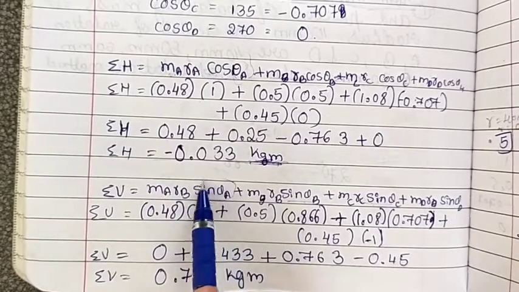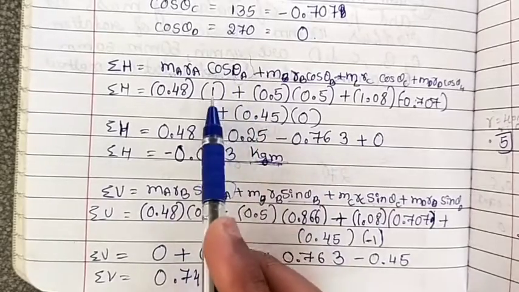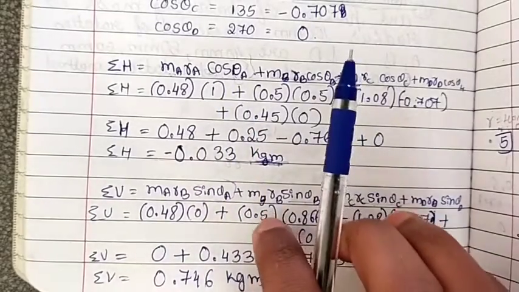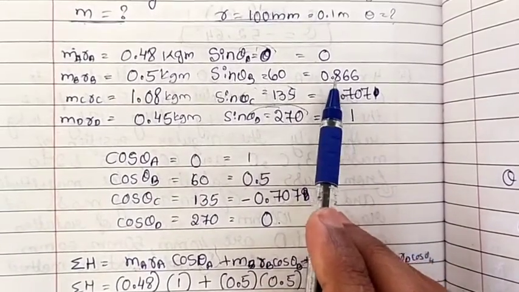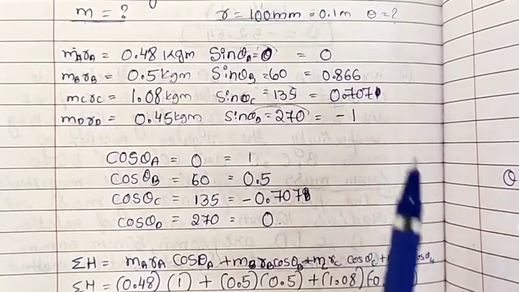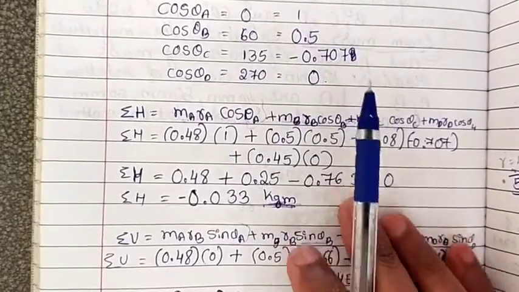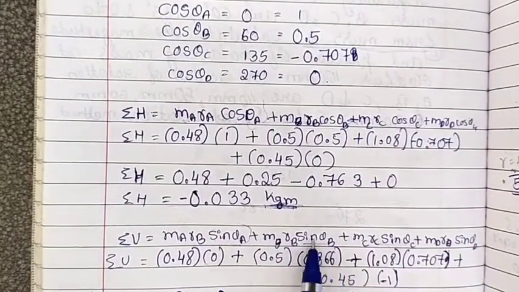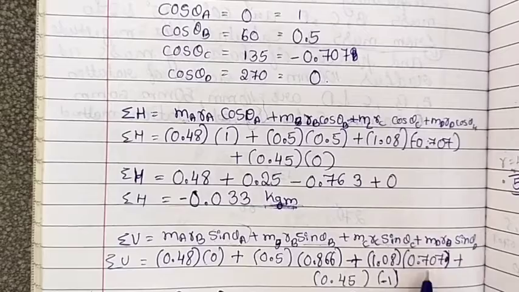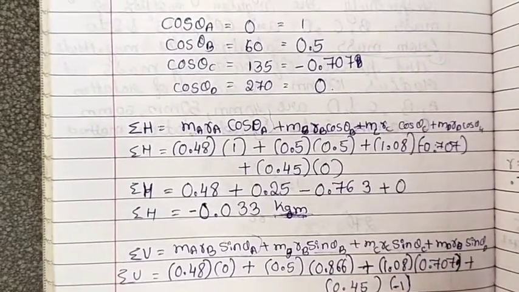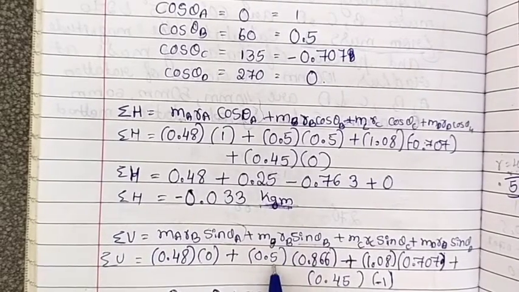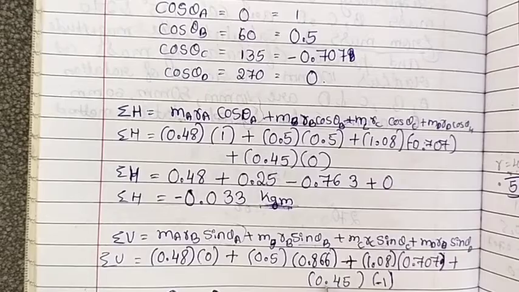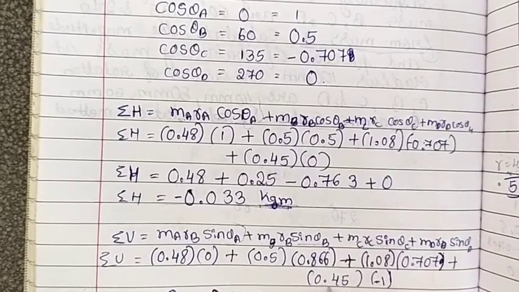The sine values are 0, 0.866, 0.707, minus 1. Theta A is 0, theta B is 0.86, theta C is 0.707, theta D is minus 1, and MARA is 0.48, MBRB is 0.5, MCRC 1.08, and MDRD is 0.45.